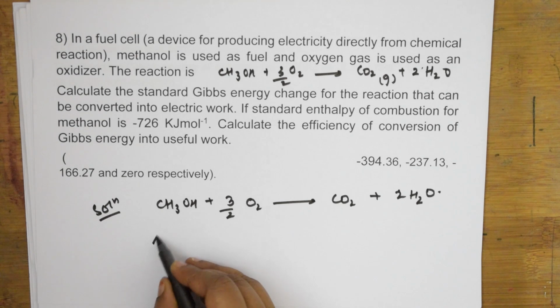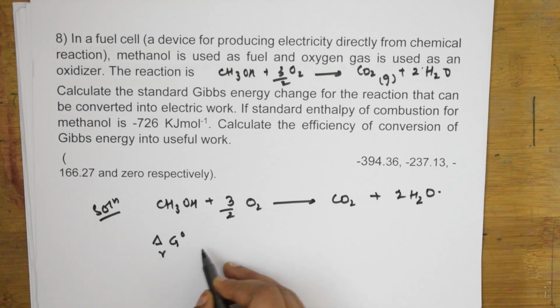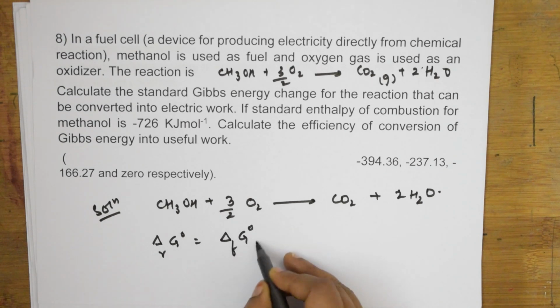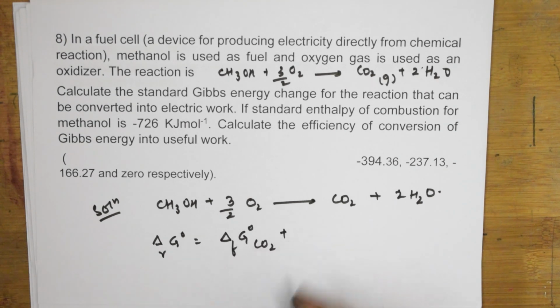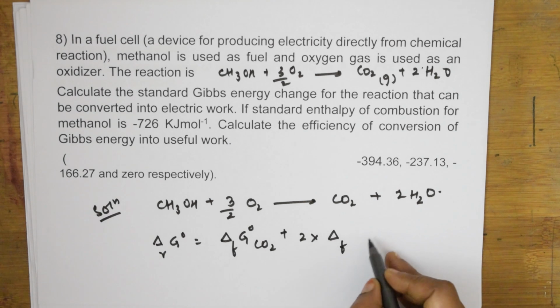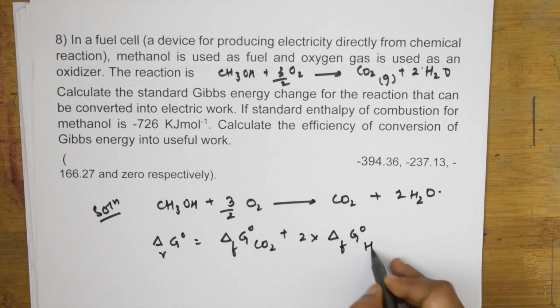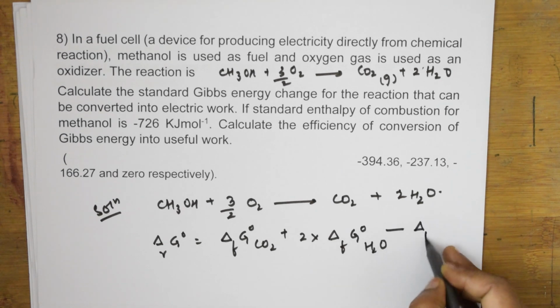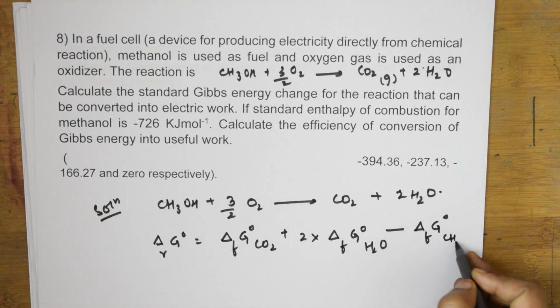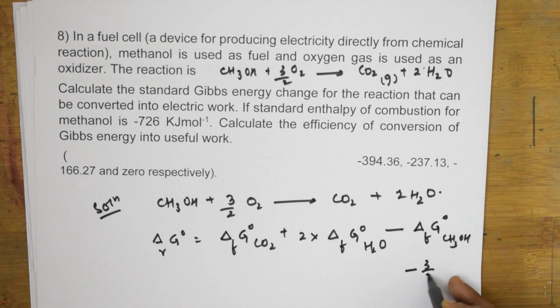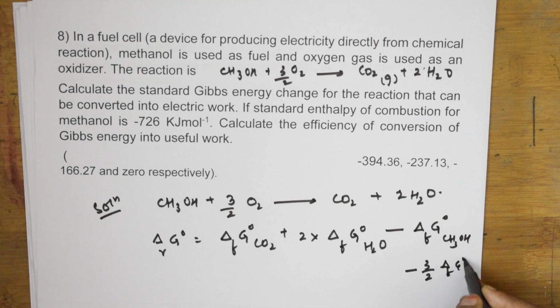So what should I find out? I need to find delta G naught of the reaction. What is this equal to? Delta f G naught of carbon dioxide plus 2 into delta G naught, 2 moles of delta G naught of H2O, minus delta G naught of CH3OH, minus 3/2 delta G naught of oxygen.